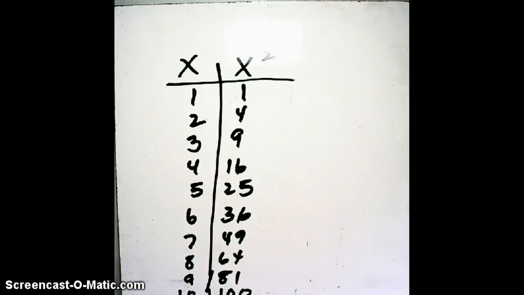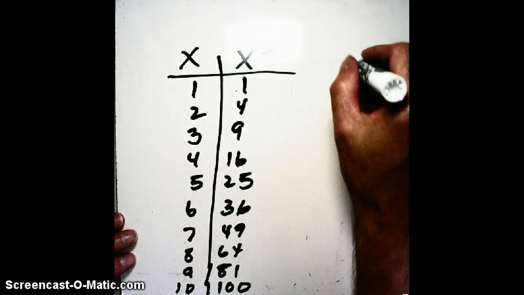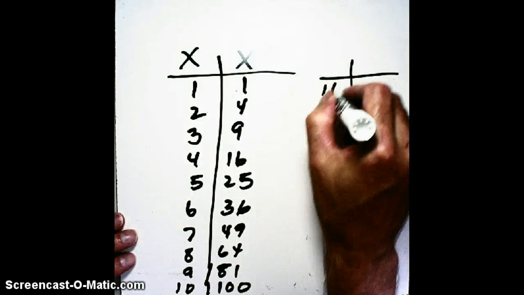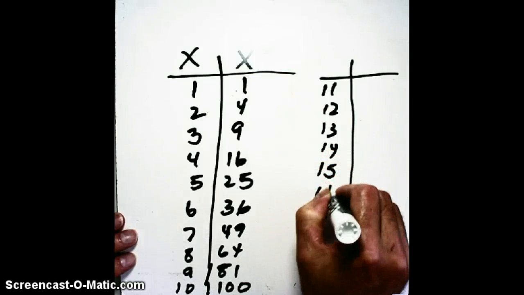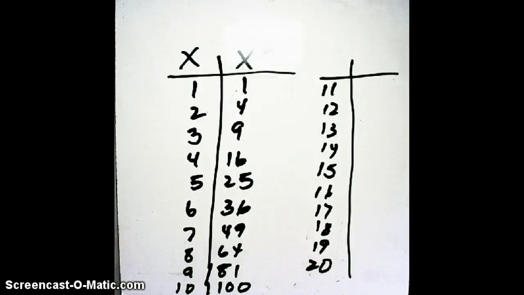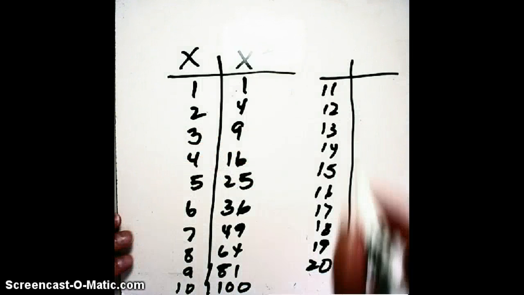Can you see that? Barely. There you go. Now, I believe it would be in your best interest to continue that chart all the way up to 20. Now you will use this left side more than these other numbers, but you will need to refer to them.